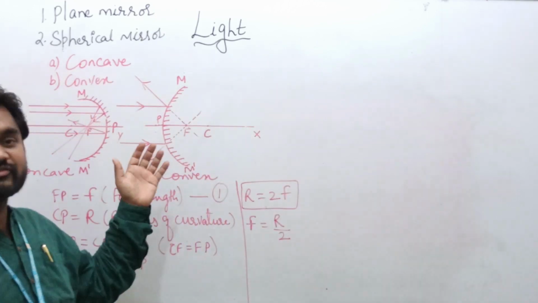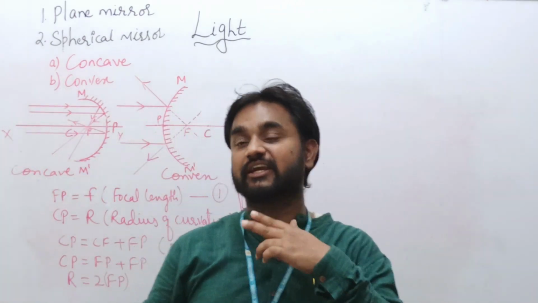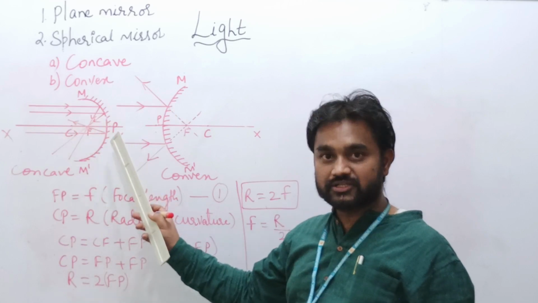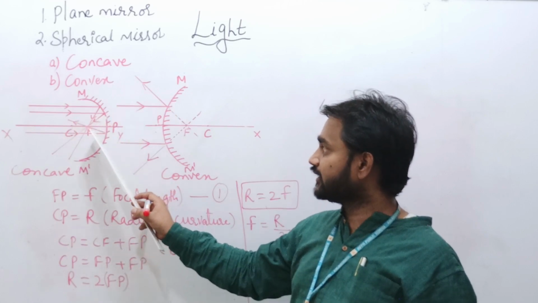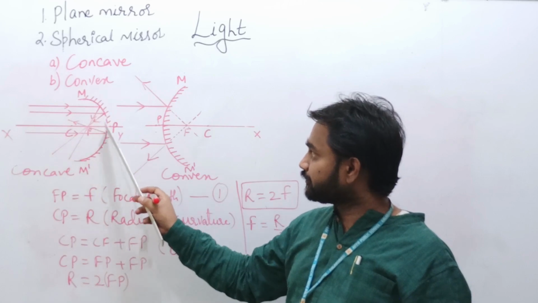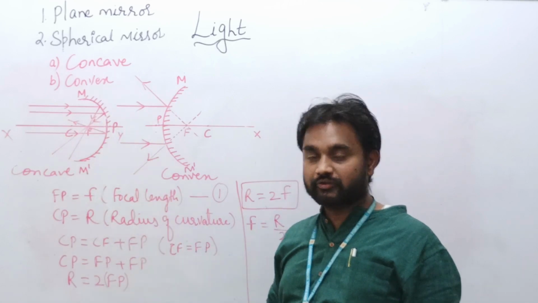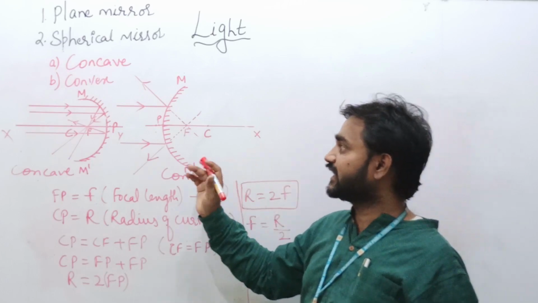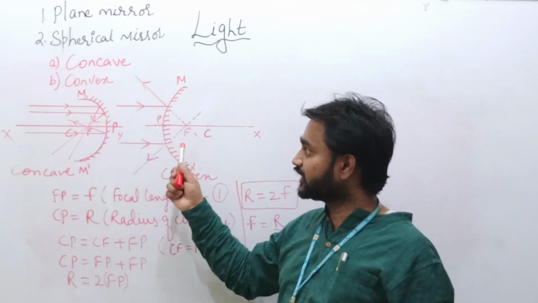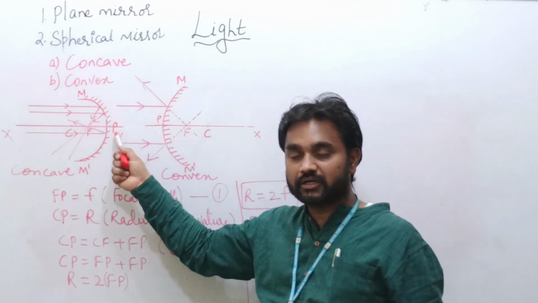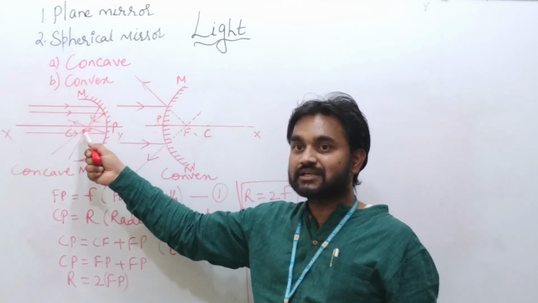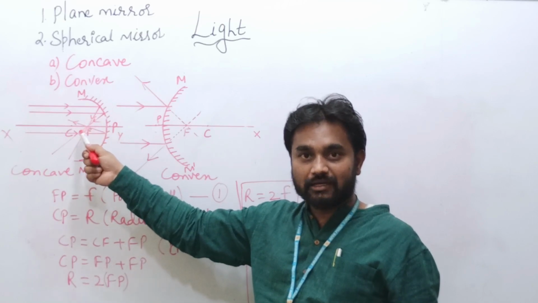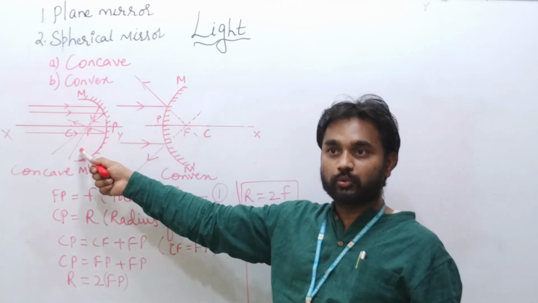We have studied the terminologies, and the relations with the principal focus, the radius of curvature, the aperture, and the principal focus and focal length. Hope you have understood this topic. For these ray diagrams, you have to understand that whenever you draw the concave mirror, all the reflected rays will be converging at the principal focus, and so we call it a converging mirror.